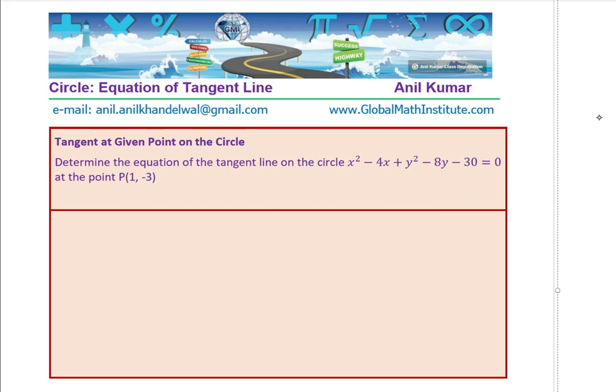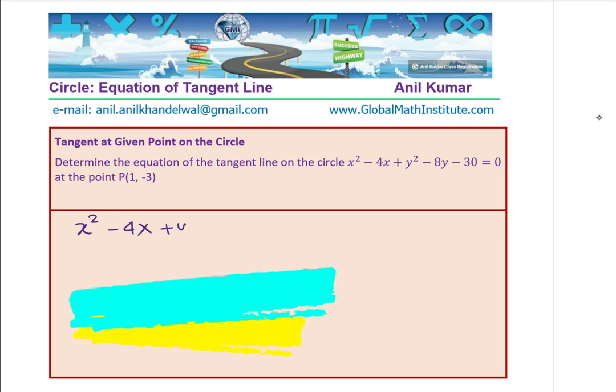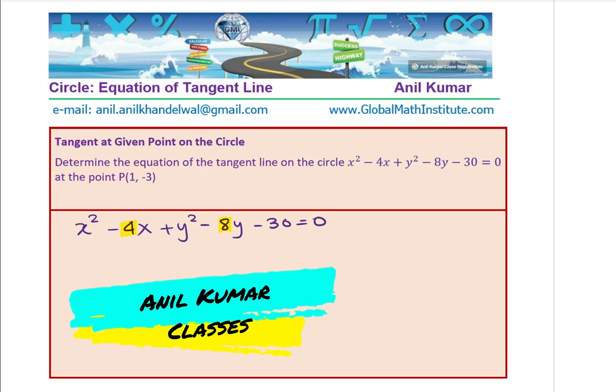Okay, so we'll begin with the given equation, which is x squared minus 4x plus y squared minus 8y minus 30 equals 0. We can add the square of half of the coefficients of x and y on both sides of this equation.